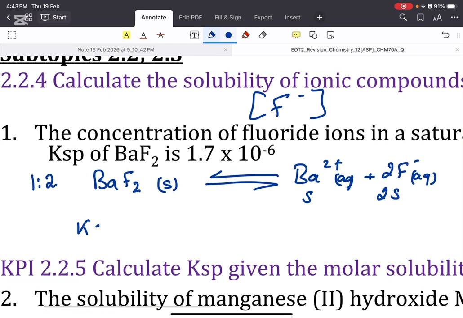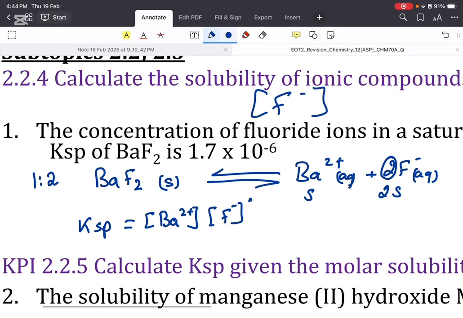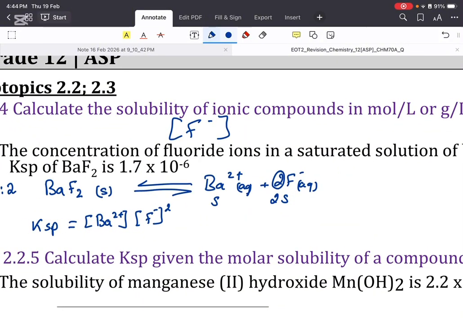When we write the KSP expression, it's the concentration of barium multiplied by the concentration of fluoride squared. Now here they want us to find the concentration of F minus, but I don't have the concentration of barium yet, so I need to use the solubility.